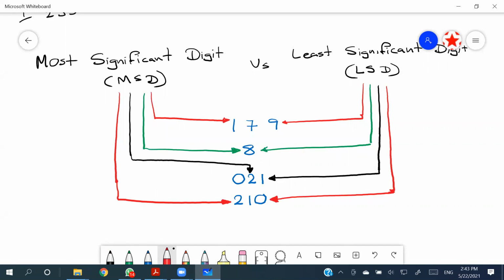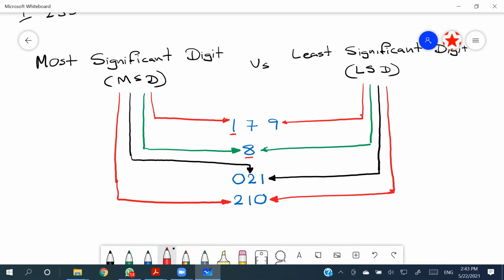Now, what we can understand from this is, if the number or the value is an integer, the most significant digit will be the leftmost value which is not a zero, right? So in the first case, it is 1. When only a single value is there, it is itself.